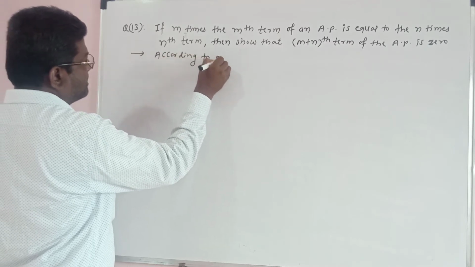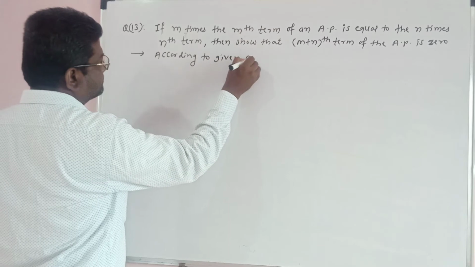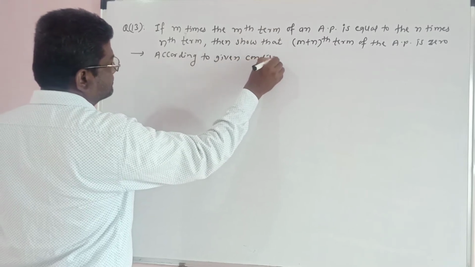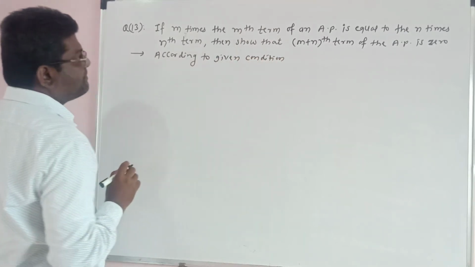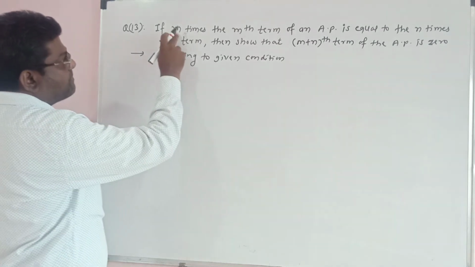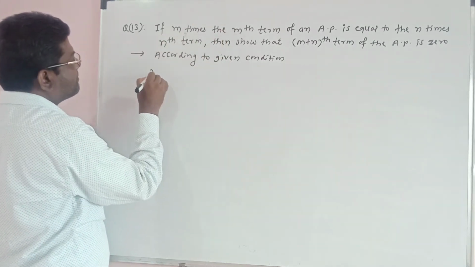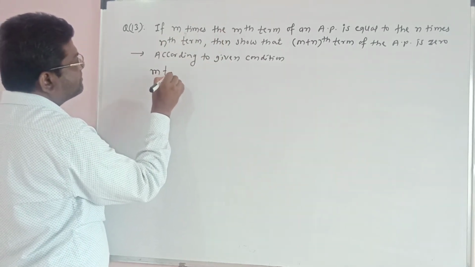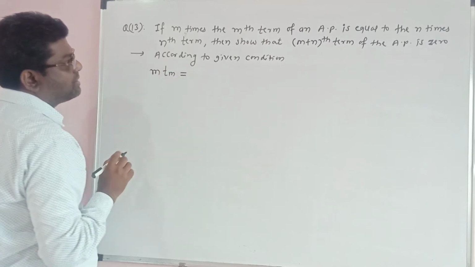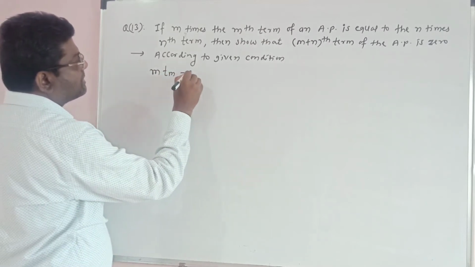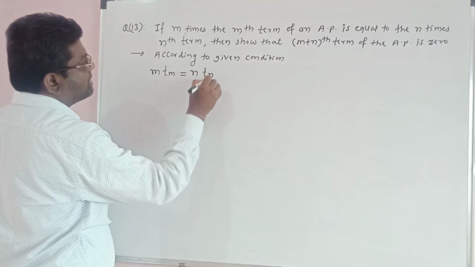According to the given condition, m times the mth term, that is m into tm, is equal to n times the nth term, that is n into tn.